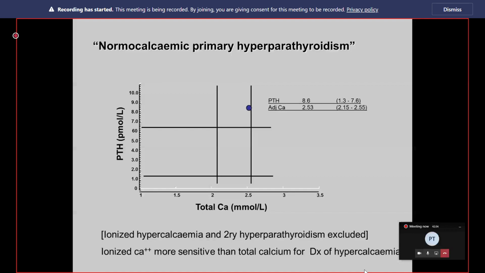You have to make sure that the ionized calcium is normal, because if the ionized calcium is high, then they are overt primary hyperparathyroidism. And that they don't have secondary hyperparathyroidism. Secondary hyperparathyroidism I will touch on later on. So all the causes for secondary hyperparathyroidism need to be excluded before normal calcemic primary hyperparathyroidism is diagnosed.